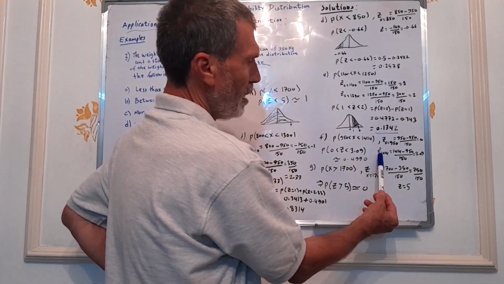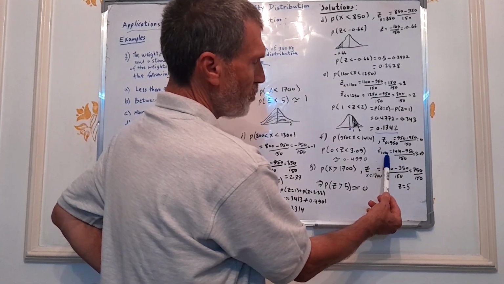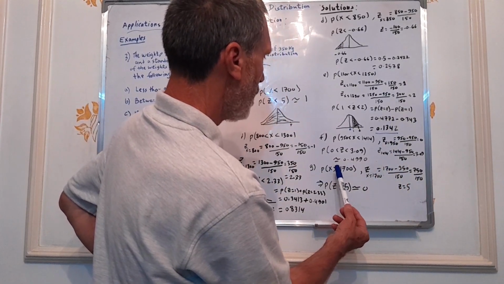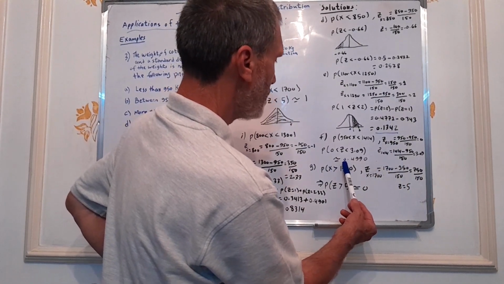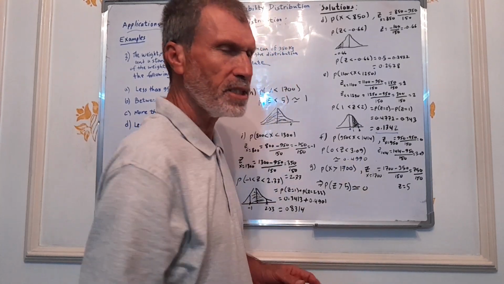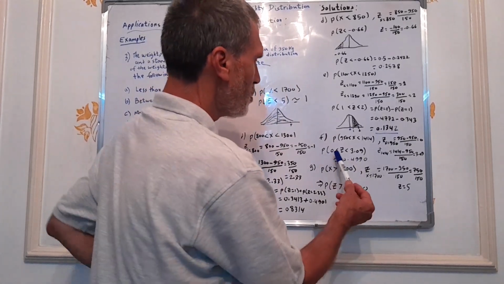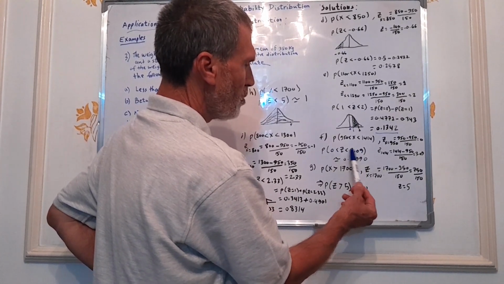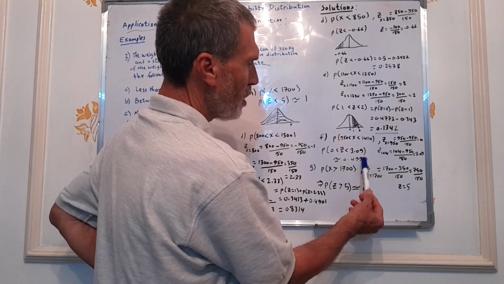Z for 1414 is equal 3.09, and so the probability, of course, will be almost 0.49. So probability of Z between 3.09 and 0 is about 0.4990.